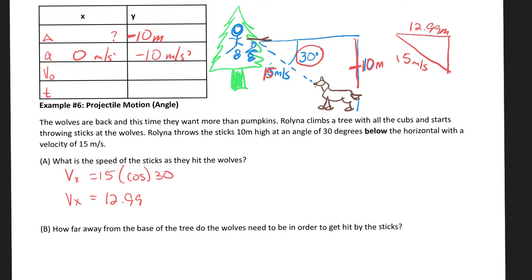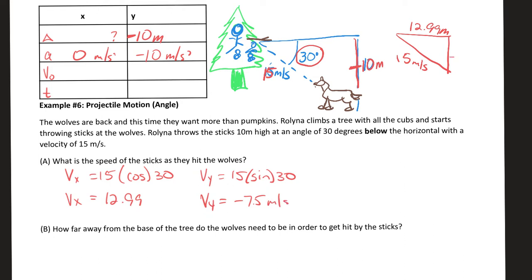All right, now I'm going to determine the velocity in the y direction. To do that, I'm going to take 15 times the sine of 30, and that's going to give me a velocity in the y direction that is negative 7.5 meters per second.